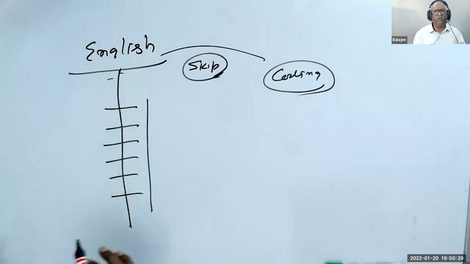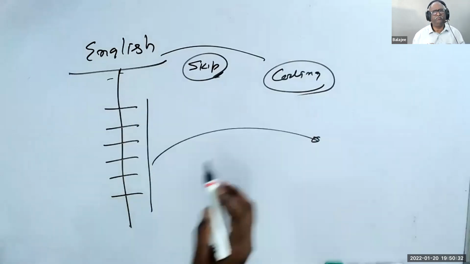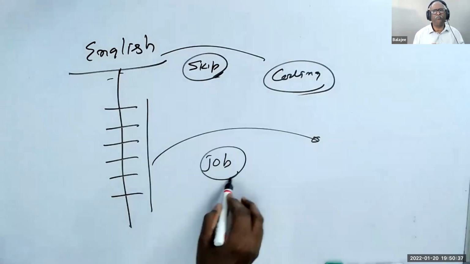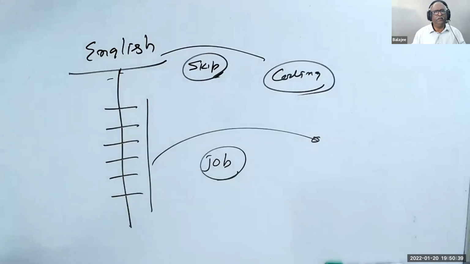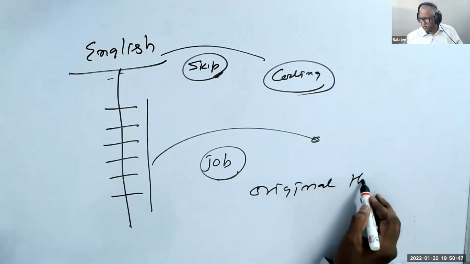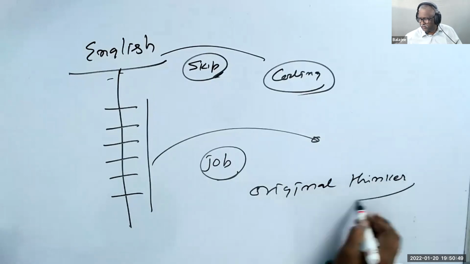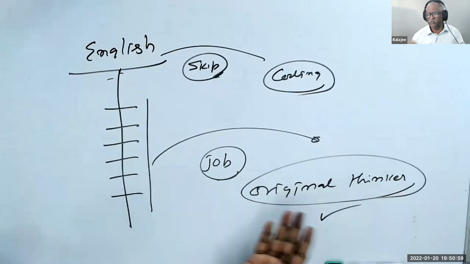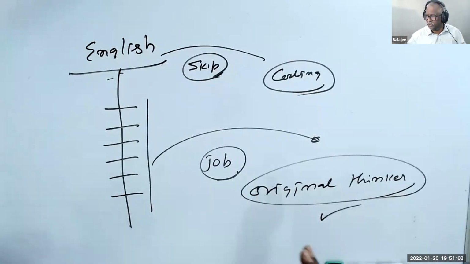This practice will help you in the long run. This practice will get you an easy job. If you prove to me in the interview that you are an original thinker, that's it. You won the game. You will win the interview. You have to prove to the interviewer that you are an original thinker.